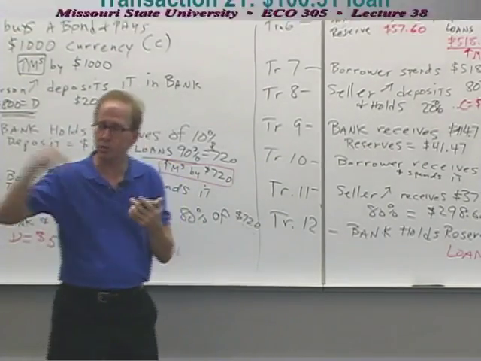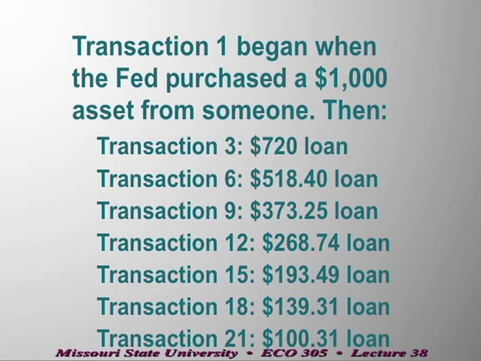Somebody borrows it, spends it. The recipient puts aside 20%, deposits 80%. The banker sets aside 10%, loans 90%. So now we have 72% of that, $373.25. And then times 0.72 equals $268.74. So what would we have in the next one?